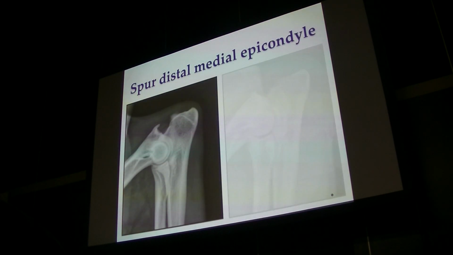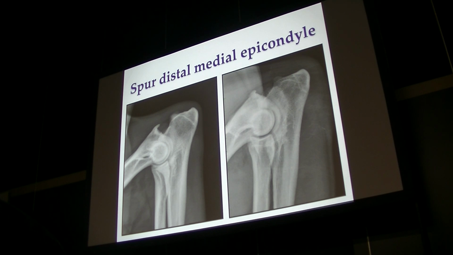So here we have an example of a typical spur, which is a skeletal ingrowth of the attachment in the tendon.